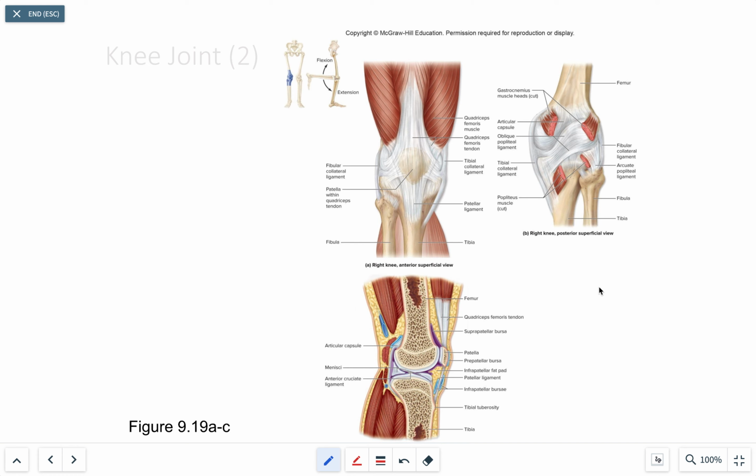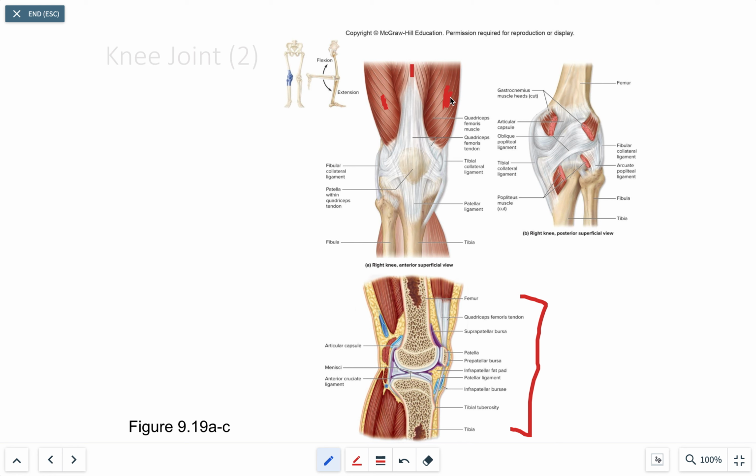So with the knee joint, we kind of went over this part, so I'll spend a little bit more time on these two slides. We see the knee joint again with the ligamentous connection, especially in the anterior surface. We see the connection between the vastus lateralis, the rectus femoris, and the vastus medialis.